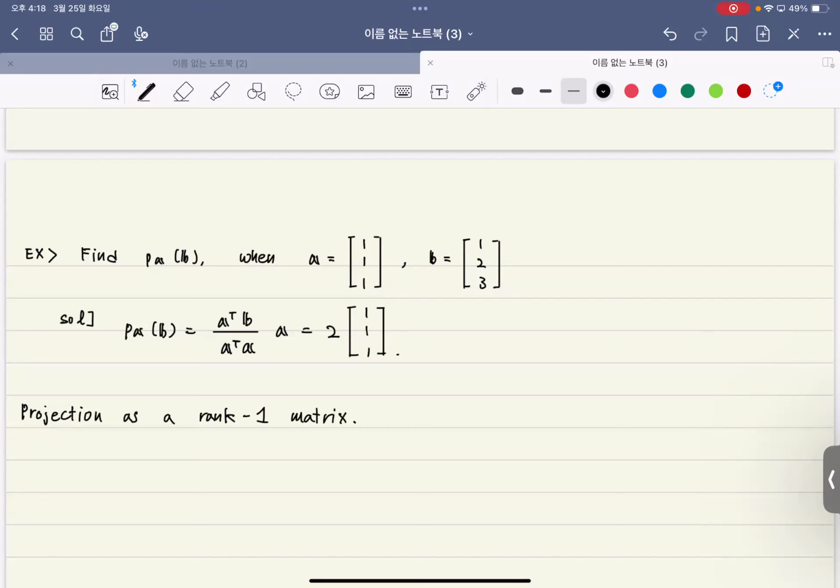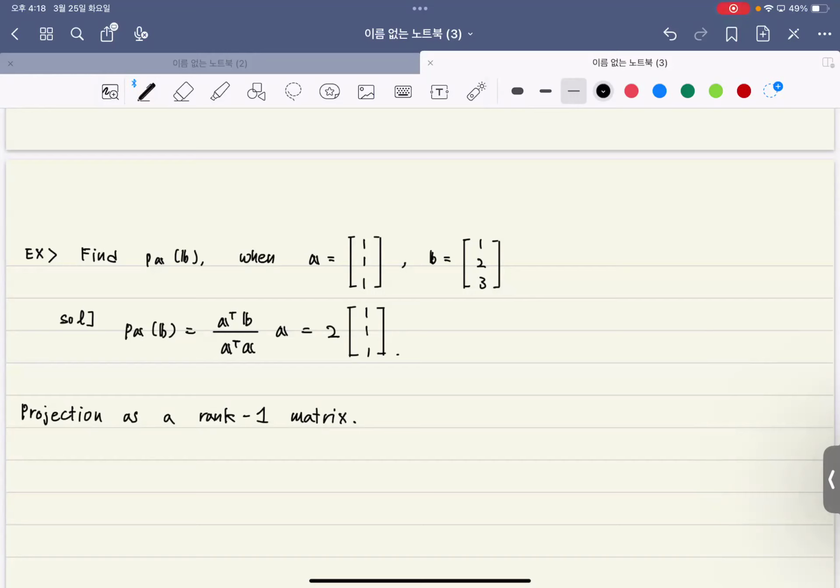Now we want to discuss the matrix representation of the projection. I told you the projection was a linear map. So a priori, the domain of the projection map is Rn itself, and the codomain is again Rn. So if you consider the matrix representation of this map, then you're going to get an n by n matrix, right?